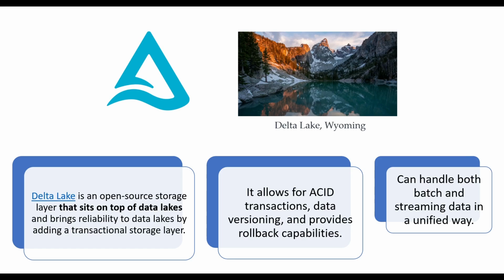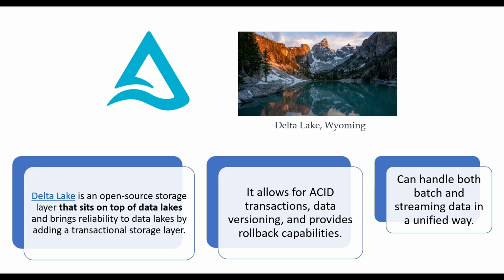A Delta Lake combines the best of both worlds, so it takes the best features of a data warehouse and the best features of a data lake and combines those benefits together to form a complete solution. In a nutshell, a Delta Lake is an open source storage layer that sits on top of data lakes and brings reliability to data lakes by adding a transactional storage layer.